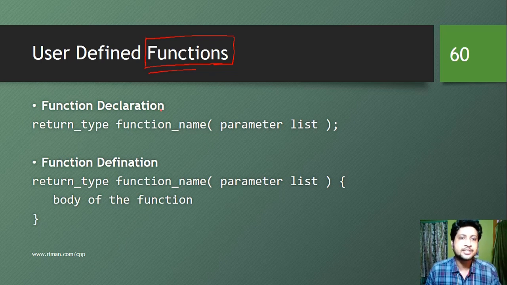So functions basically have three parts. One is the function declaration, also known as function prototype or function header, whatever you may call it. So it has function declaration, prototype, or header. This particular part is optional.